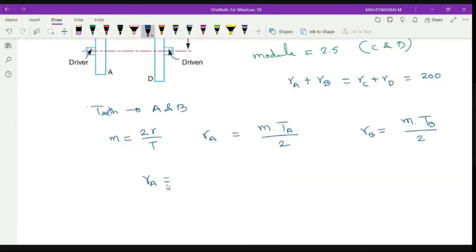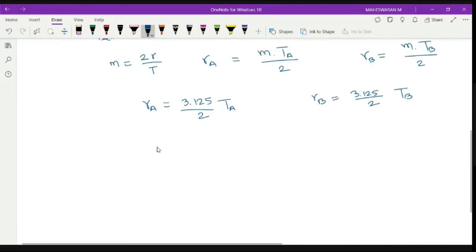Let us identify what RA is. RA will be equal to M, which is 3.125, divided by 2, times TA. And of course RB will be 3.125 divided by 2, times TB. What do you get? RA is 1.5625 TA.